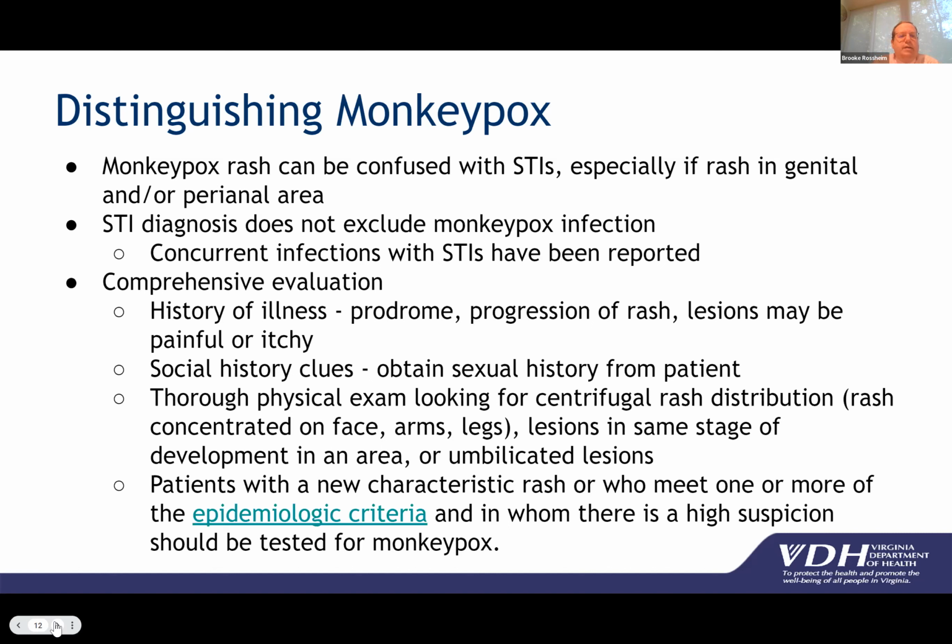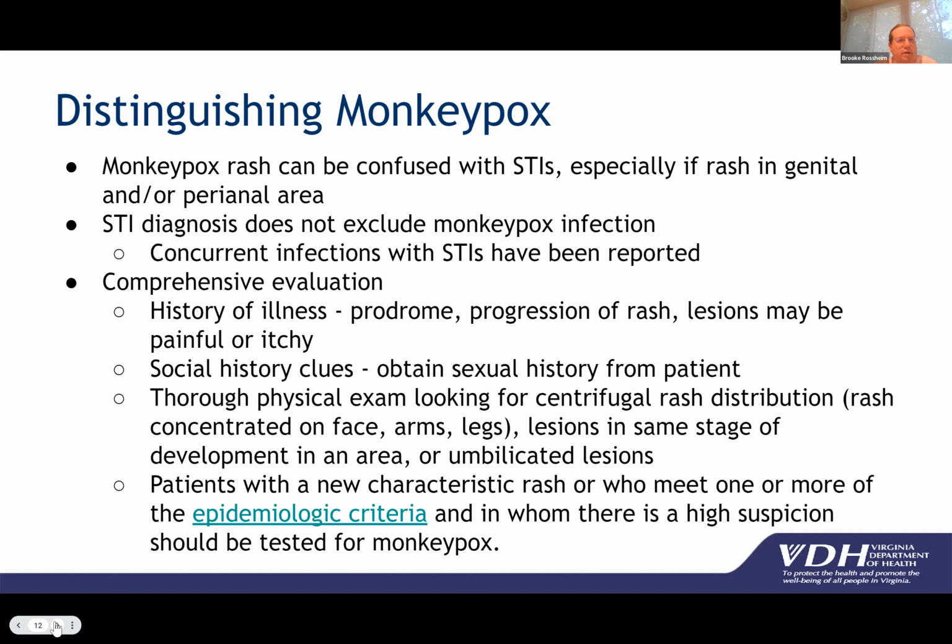There have certainly been reports of patients who have both monkeypox and another STI. So when evaluating a patient, some things to note. You want to get a good history of present illness. Has the patient had a viral prodrome? What has been the progression of the rash? What kind of characteristics does the rash have? Are these lesions painful or itchy? These may be tip-offs that you're dealing with monkeypox.